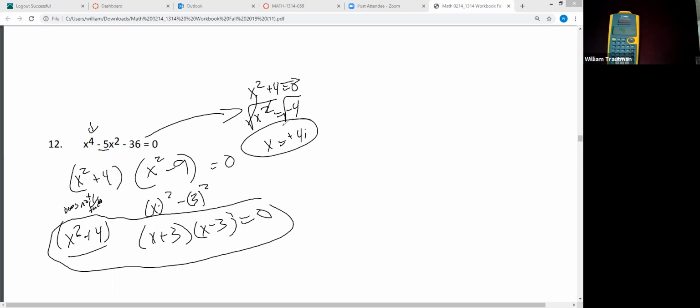X equals plus or minus 4i. But I think they don't want us to have i's. They didn't say put your answer in imaginary form, or with an imaginary number i. The answer key has -2i and 2i.